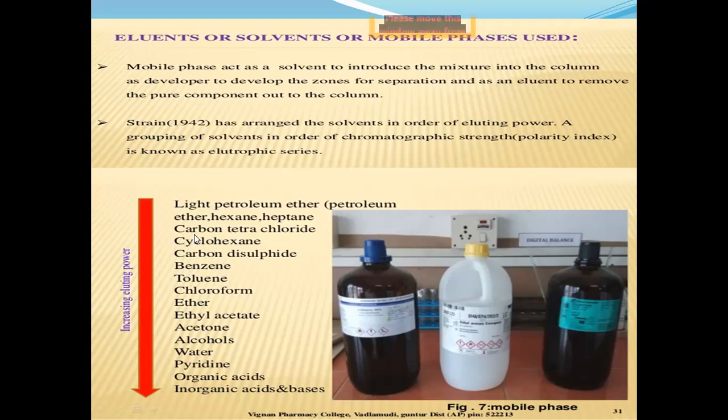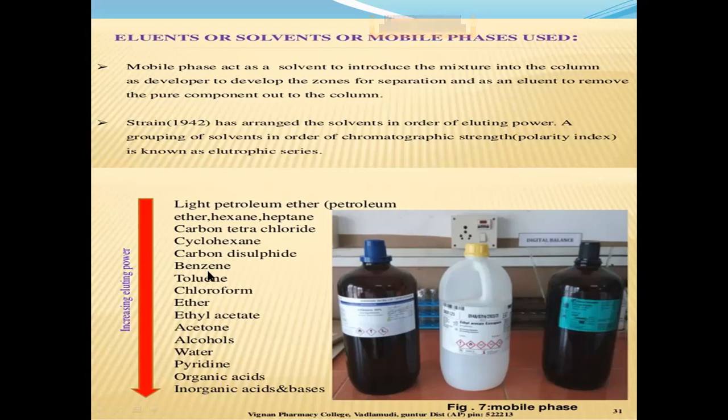Petroleum ether, hexane: these are non-polar in nature. Next, chloroform, slightly polar; ether, non-polar; ethyl acetate, slightly polar; acetone, polar; alcohol, more polar; water, more polar; pyridine, more polar than water; organic acids, for example acetic acid, formic acid, benzoic acid; and next inorganic acids like hydrochloric acid.